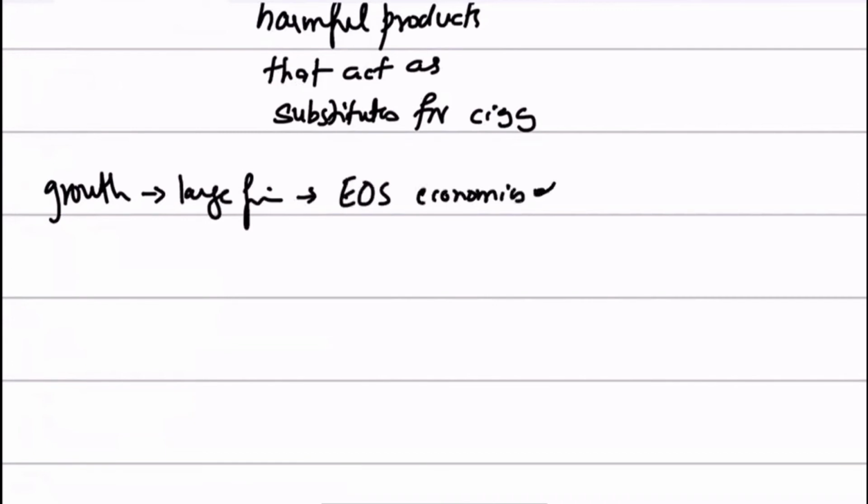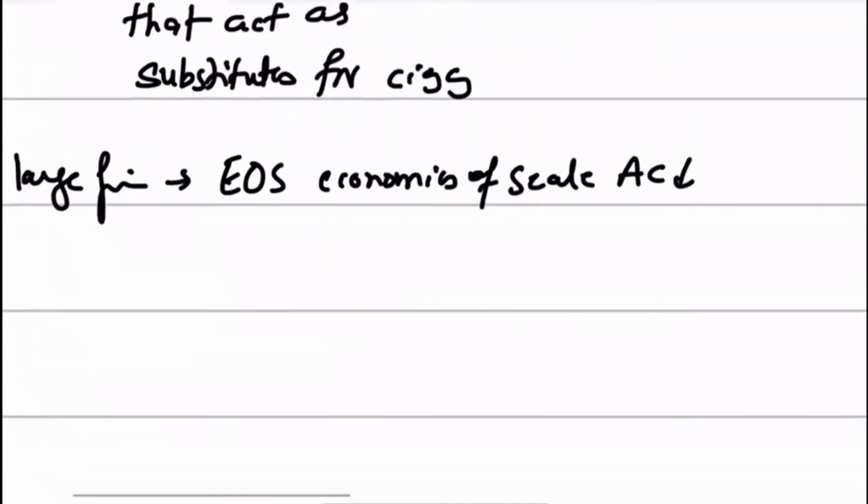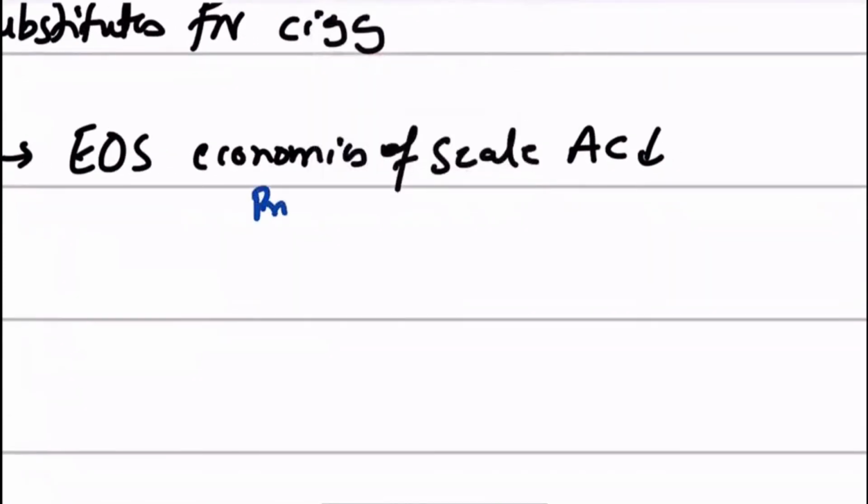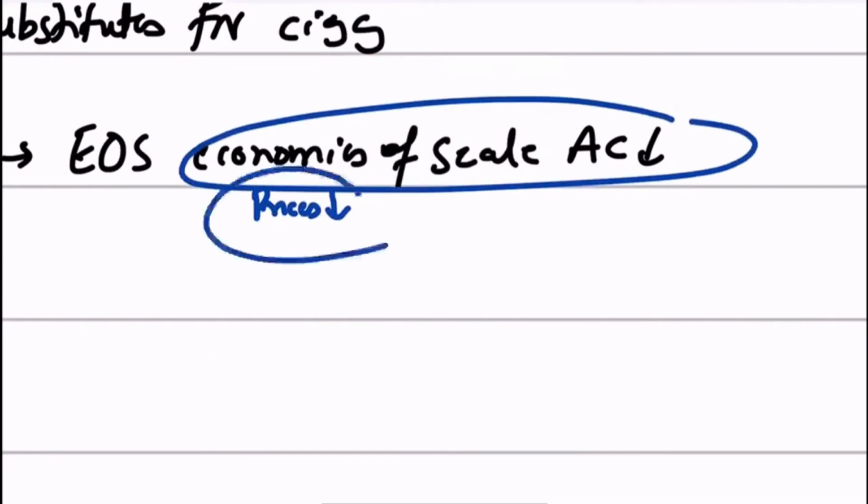And economies of scale means that your average cost goes down, right? When average cost goes down, this cost advantage is basically passed on to the consumer in the form of lower prices. Remember that always, that whenever economies of scale happens, average cost goes down, that is actually passed on to the consumer in the form of lower prices.